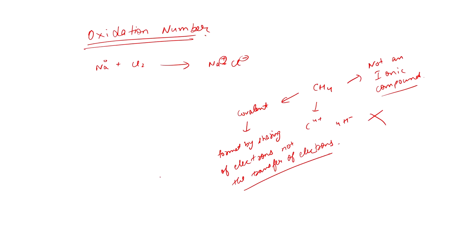Let us discuss an example of oxidation number. H2 plus Cl2 gives HCl. I have discussed this, this is +1, -1, because it is an ionic compound. But let us say I am discussing H2 plus O2 gives 2H2O.